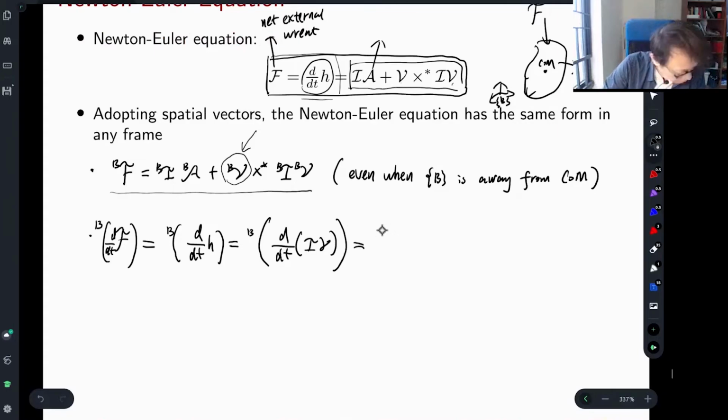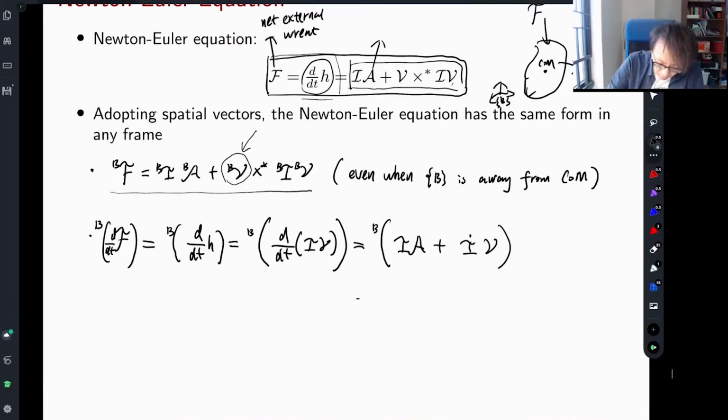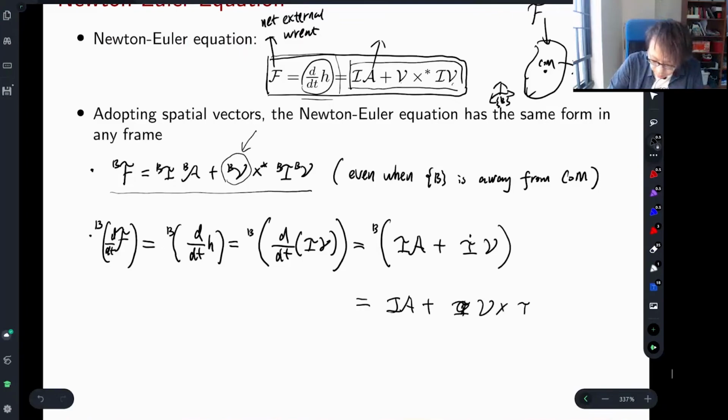So you get I A, the derivative of the spatial velocities, plus I dot V. Overall, we will have I A plus V cross-star I V.